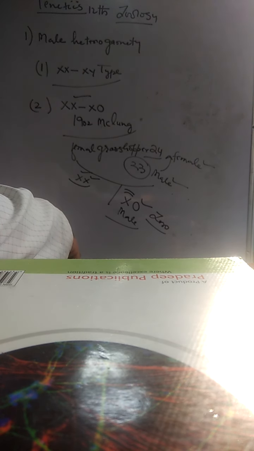Since the males produce two types of gametes, 50% of gametes contain the X chromosome as sex chromosome, and 50% contain no X chromosome.